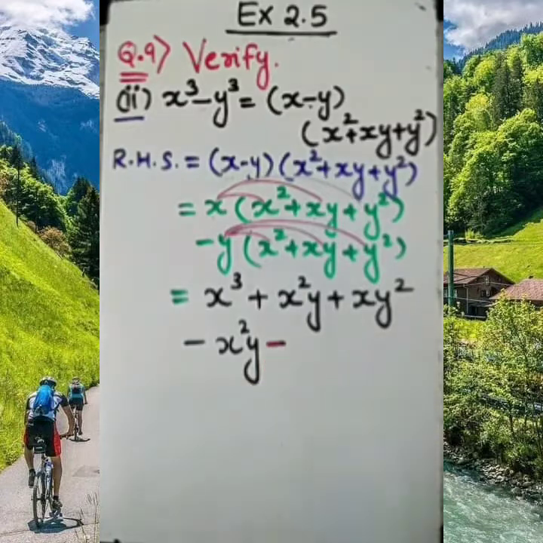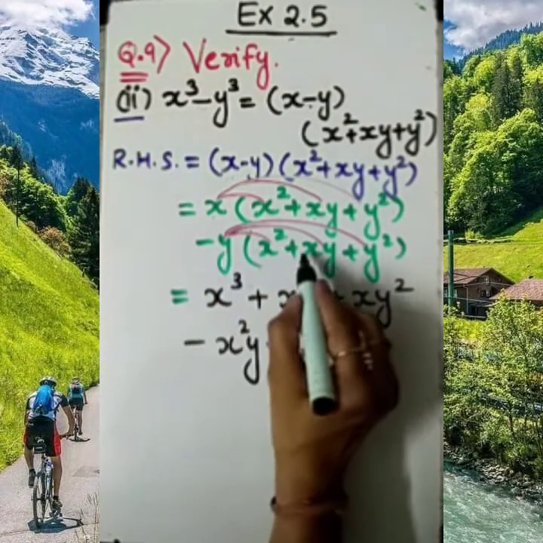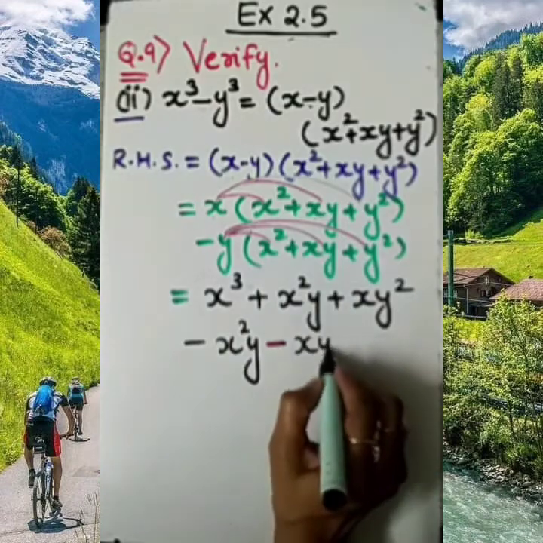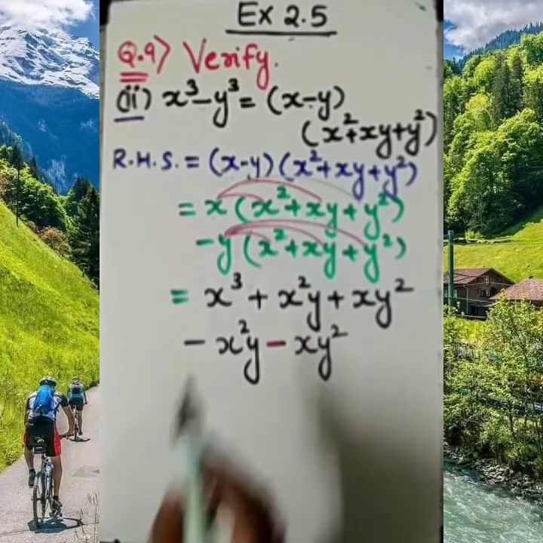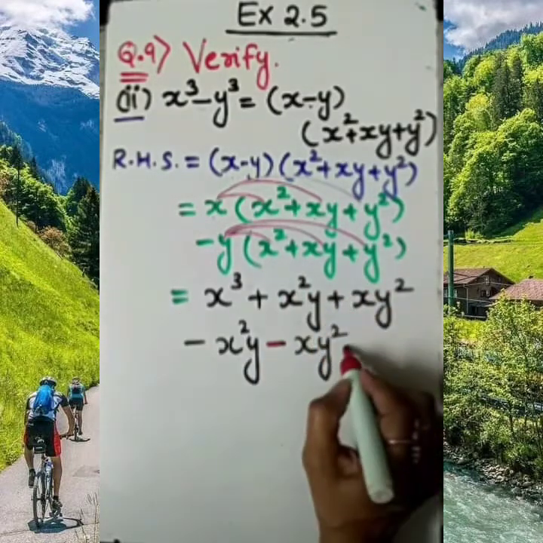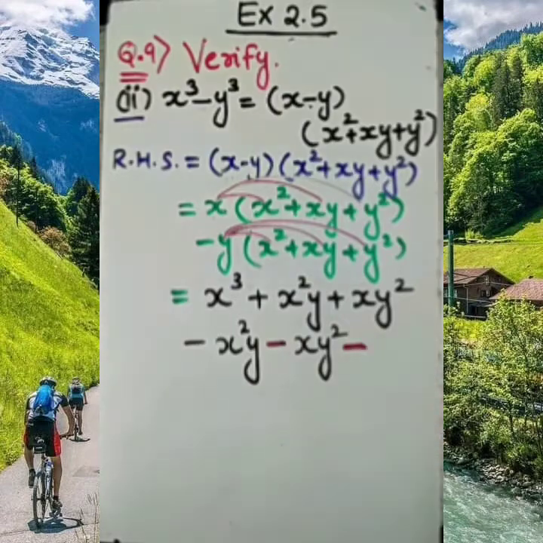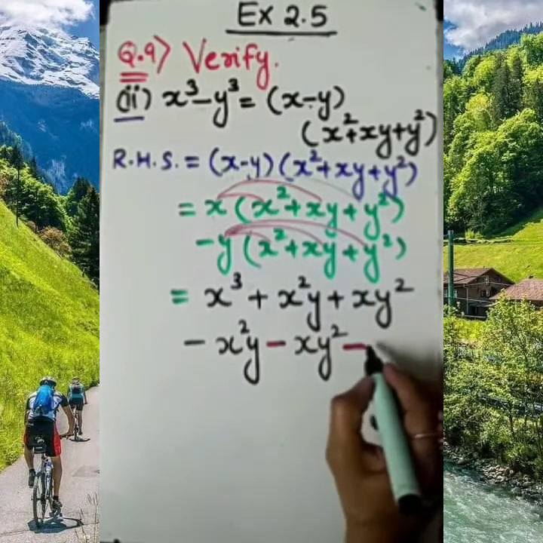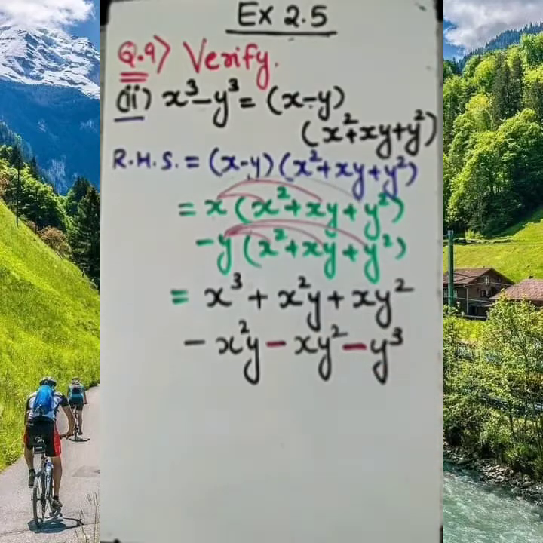So this will become minus. Now the product of y into xy is xy square, because y appears 2 times, so it will become square. Again here minus and this is plus, so the sign will be changed. So I am writing minus here. Let's multiply y with y square, so it gives a result y cube.